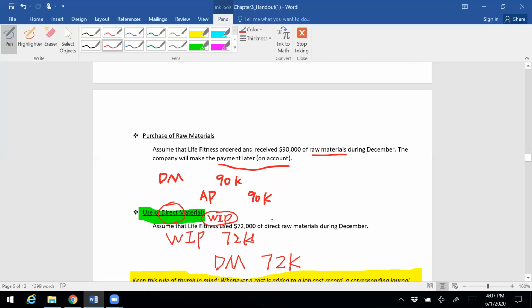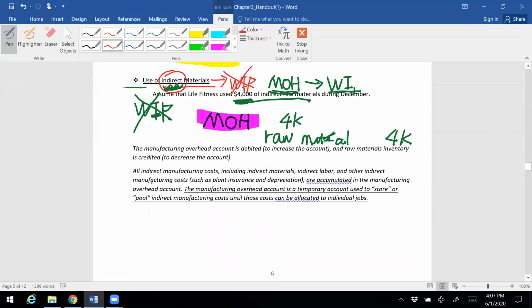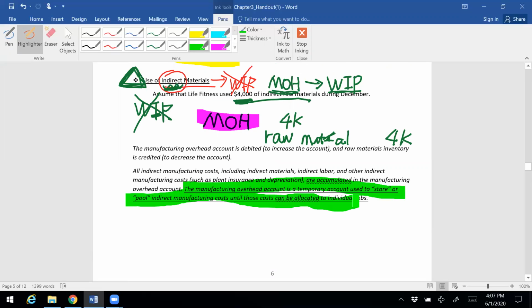Okay, so I stop here. Read this paragraph carefully. Manufacturing overhead is a temporary account to store, like the pool, you know. So later when we allocate, we get the water from the pool and then we put it in our work in process.